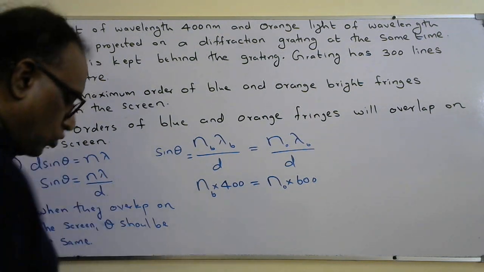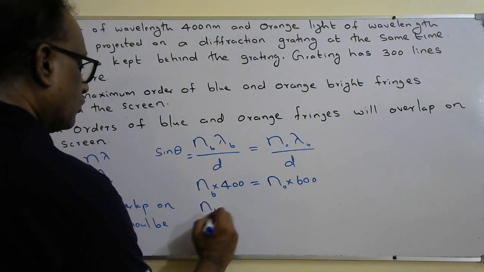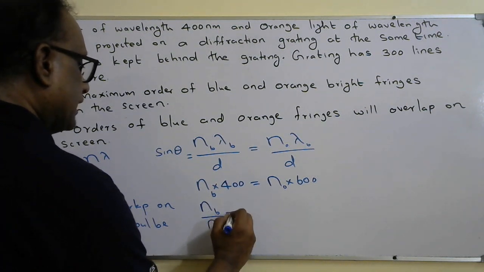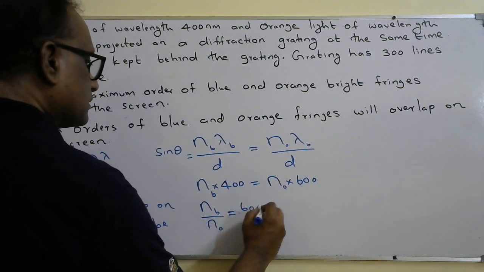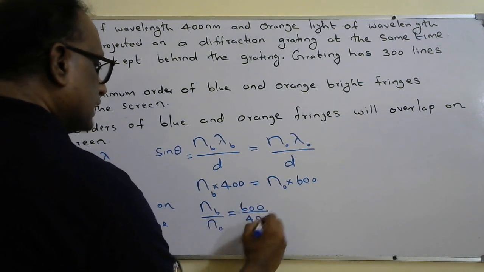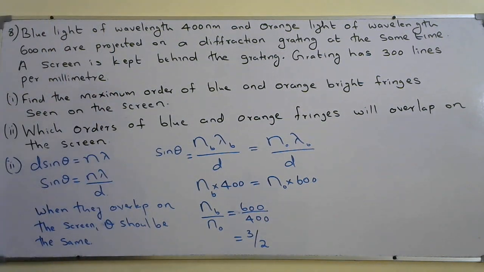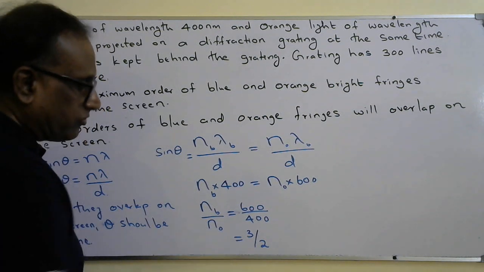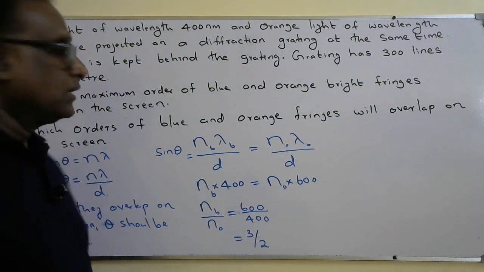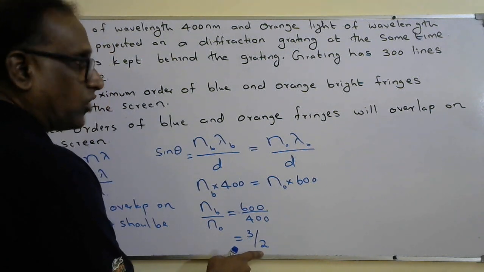So N blue over N orange is going to be 600 over 400, that's 3 over 2. That means the third order of blue and the second order of orange will overlap. Also, the sixth order of blue and the fourth order of orange will overlap.